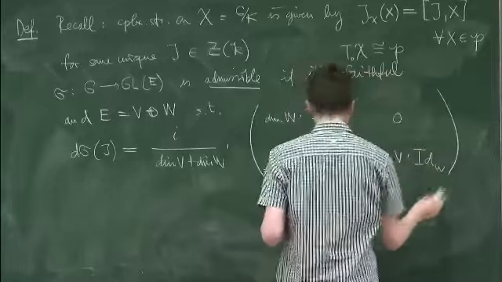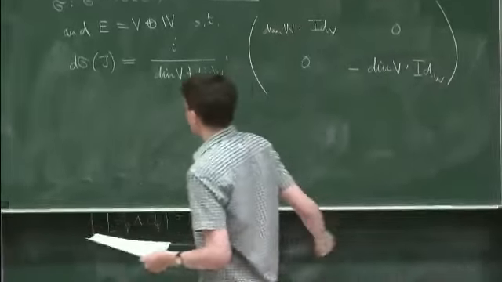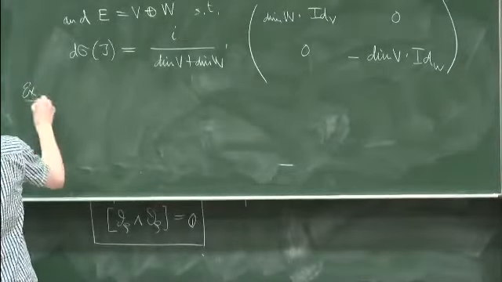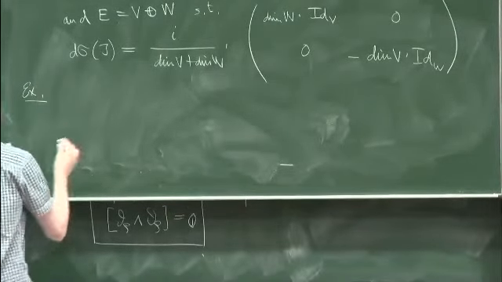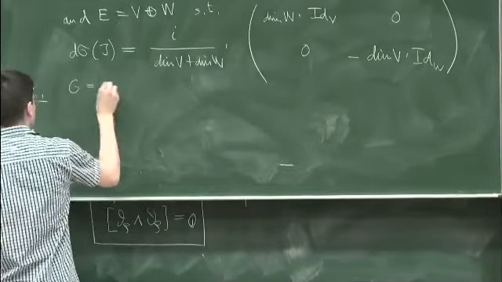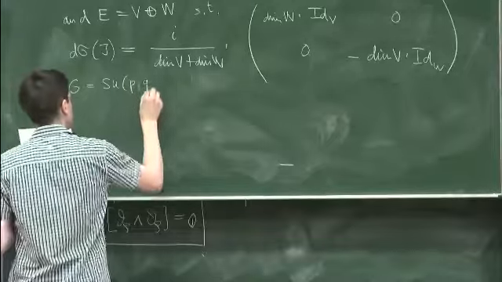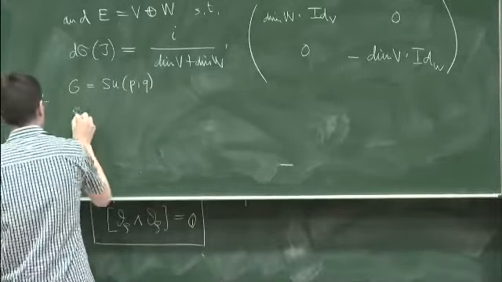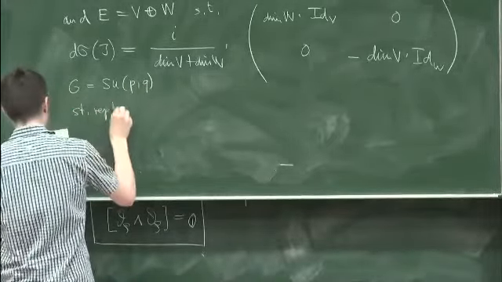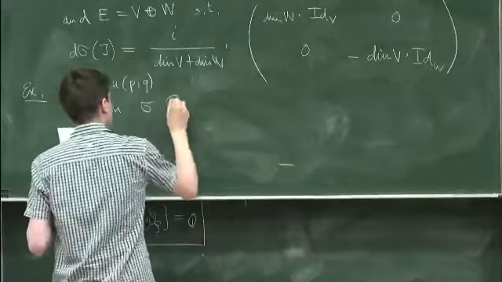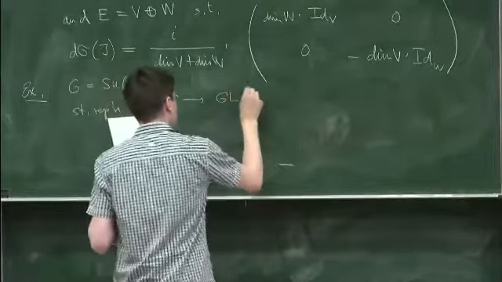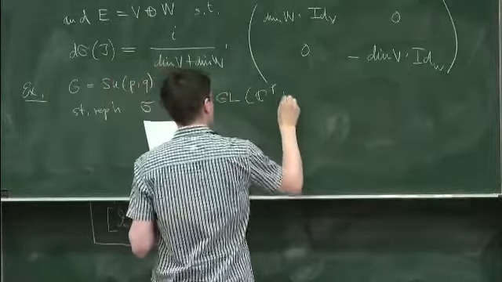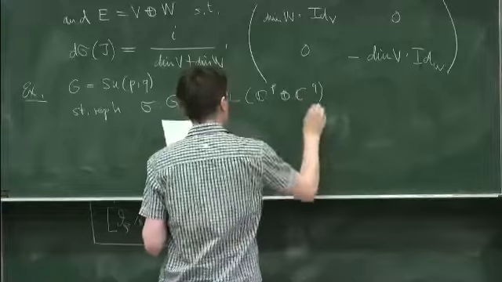So where does this come from? We see it from the following example. It turns out this definition of admissible representation is modeled on the standard representation of SU(p,q). So if we take G to be SU(p,q), the standard representation sigma takes G into GL of C^p plus C^q.